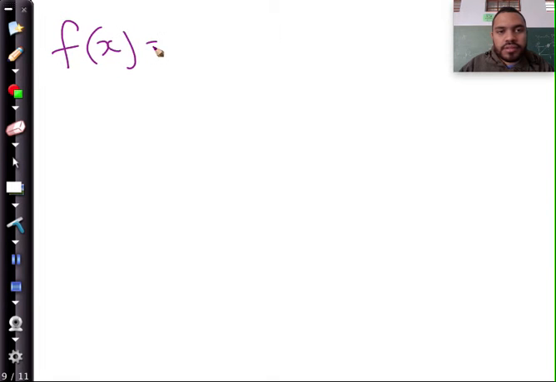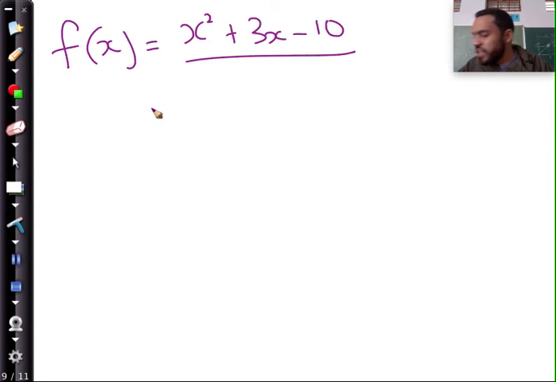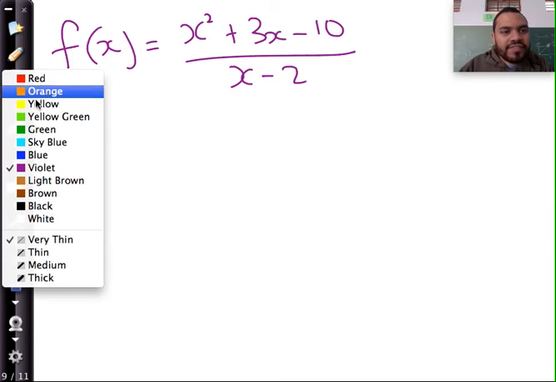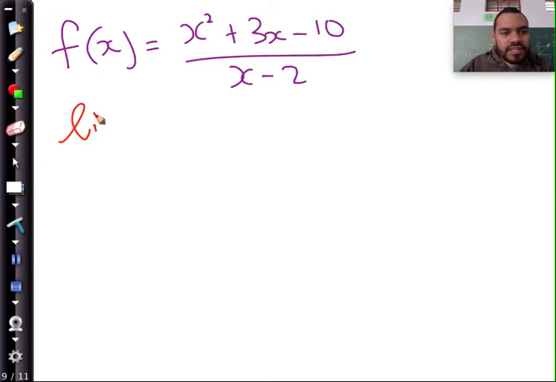This one, x squared plus 3x minus 10, that's my function, all over x minus 2. Now I want to evaluate its limit, so I say limit as x approaches 2 of this function.